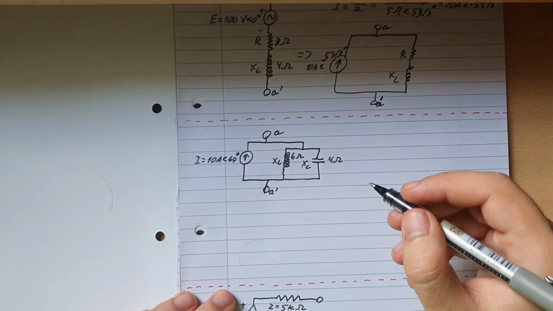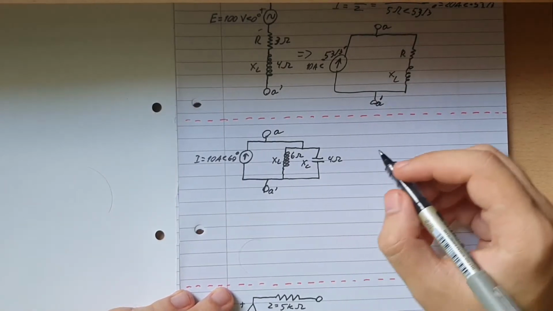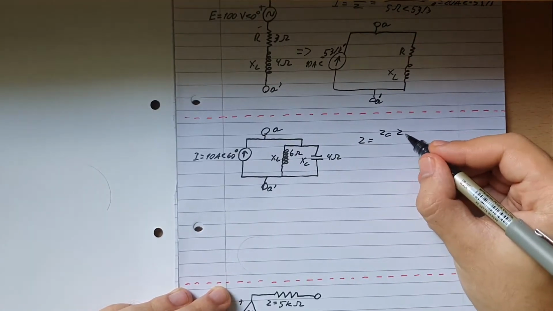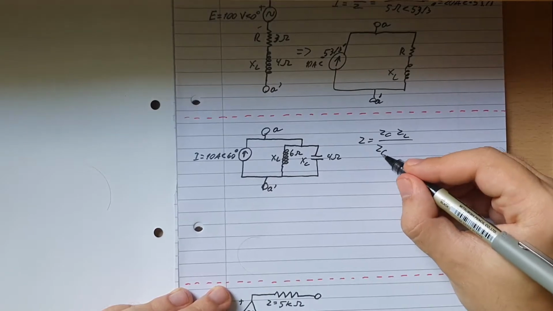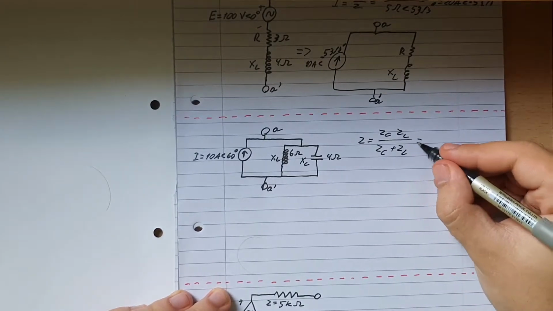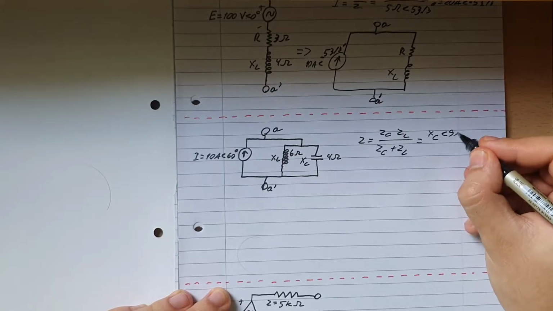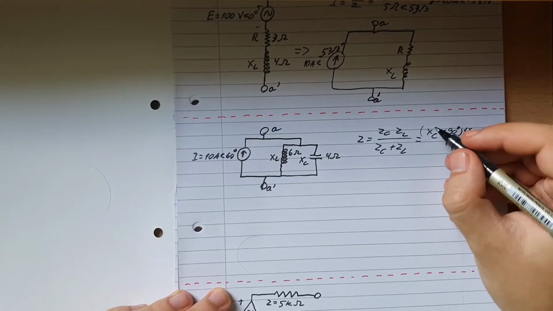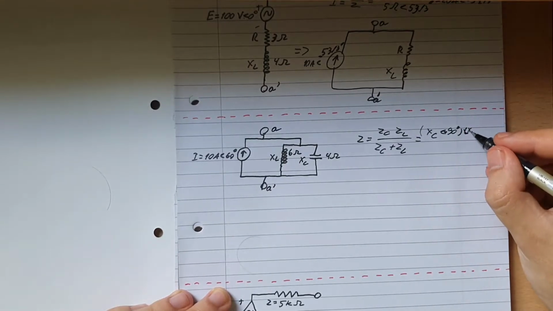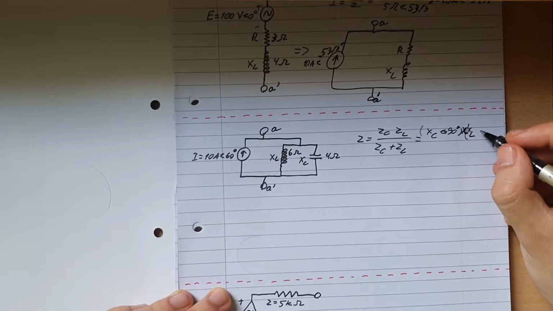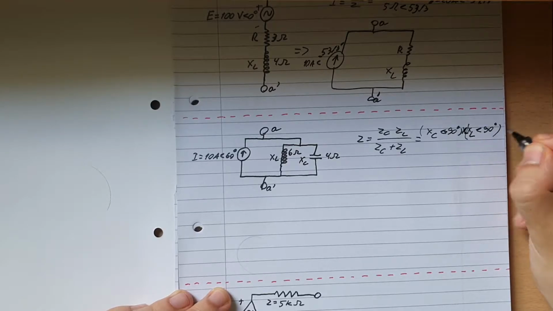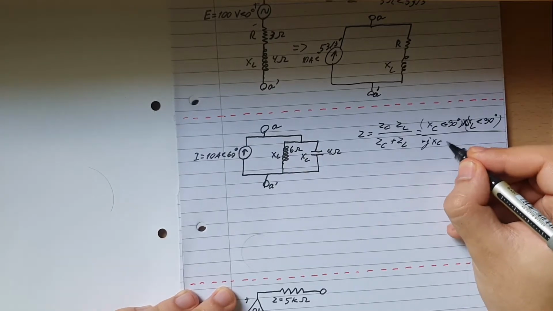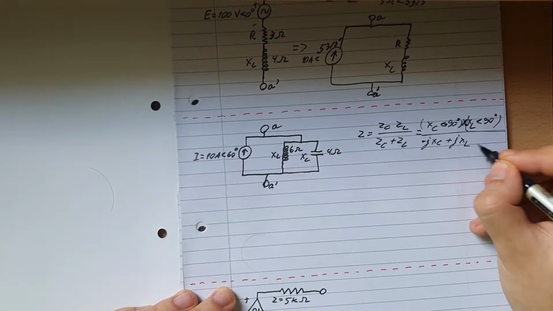As you can see from the next example, we need to calculate the total Z. So Z will be equal to ZC times ZL, all over ZC plus ZL. That's equal to XC at an angle of minus 90 degrees multiplied by XL at an angle of 90 degrees, this one is the positive one, all of it divided by minus jXC plus jXL.